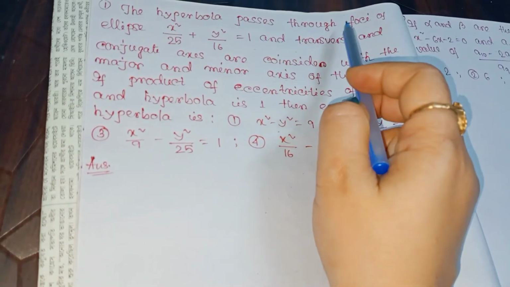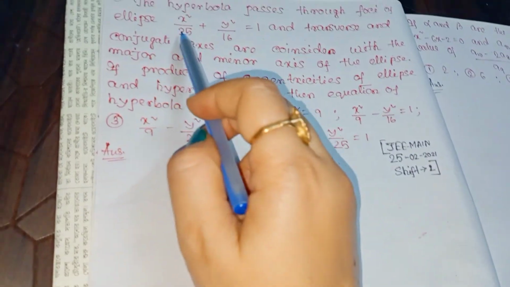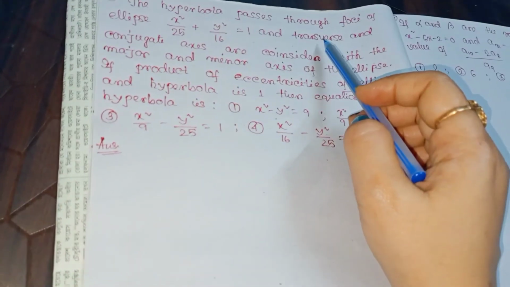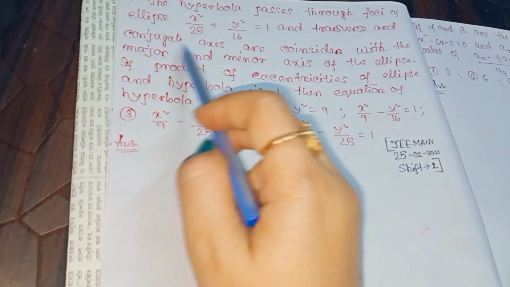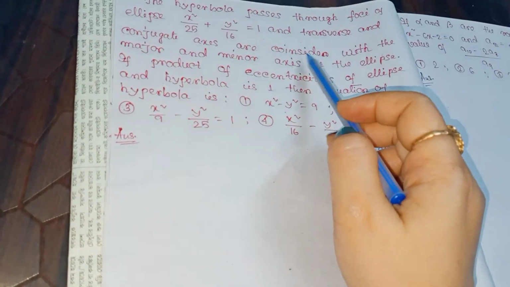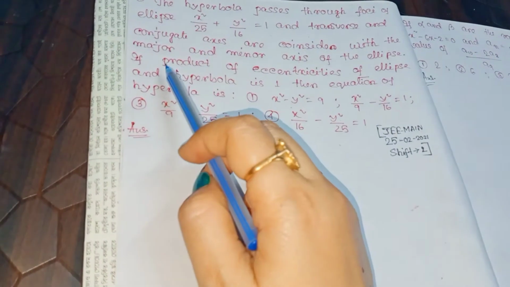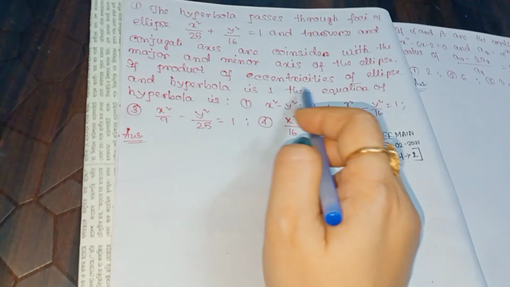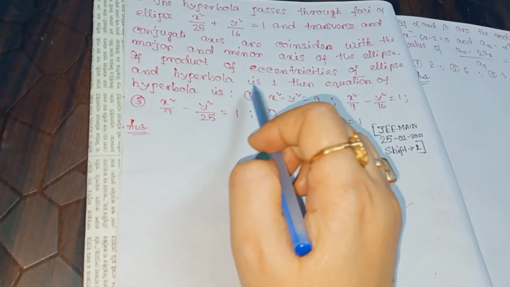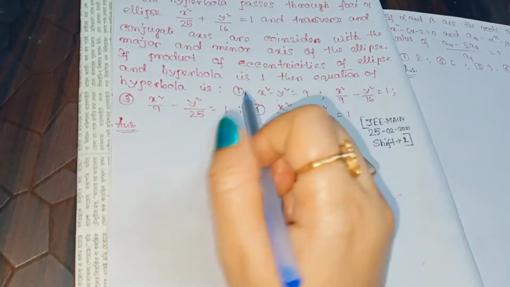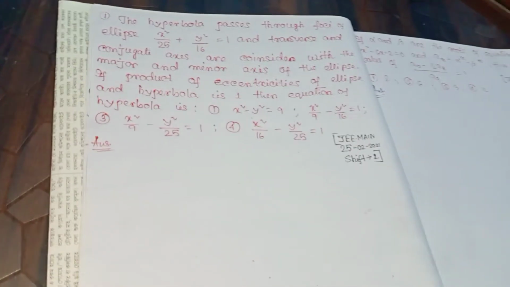The hyperbola passes through the foci of an ellipse x square by 25 plus y square by 16 equal to 1, and the transverse and conjugate axes of the hyperbola coincide with the major and minor axes of the ellipse. If the product of the eccentricities of the ellipse and hyperbola is 1, then the equation of the hyperbola is, four options are given. So this is also a memory based question.